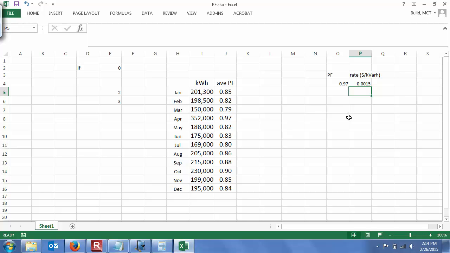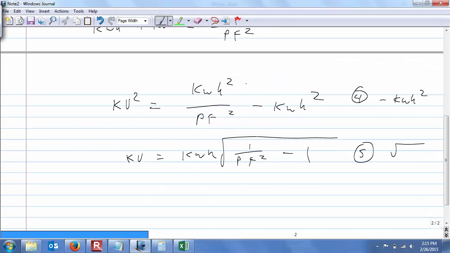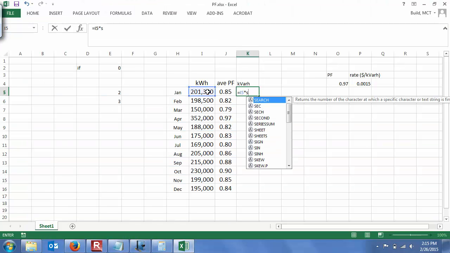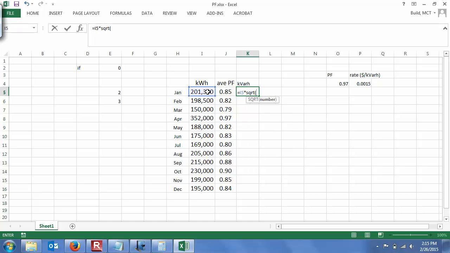Okay, so we know now that kVARh equals kilowatt hours times SQRT, open paren, 1 divided by power factor times power factor. Let's do it this way, just to be safe.